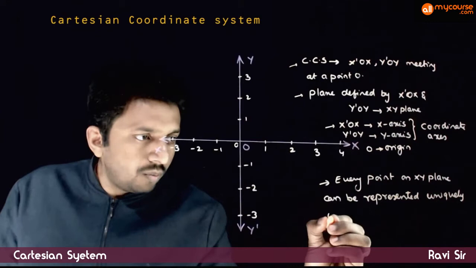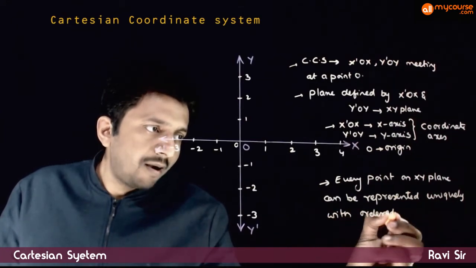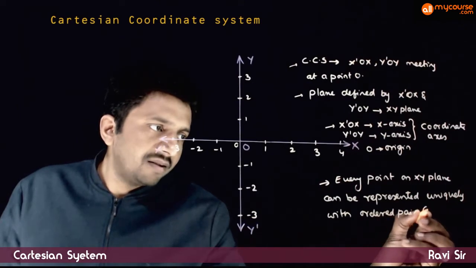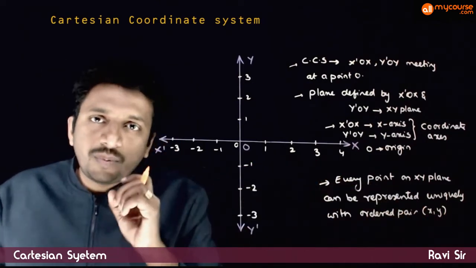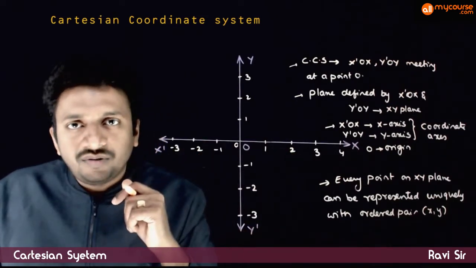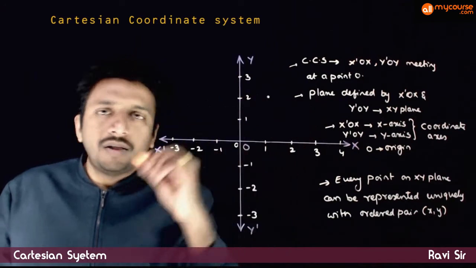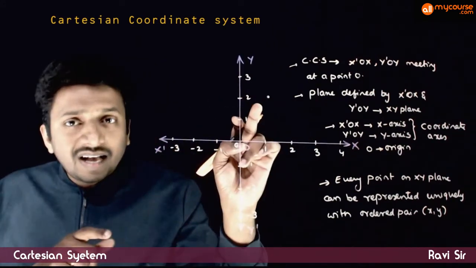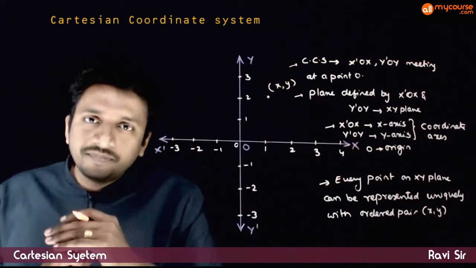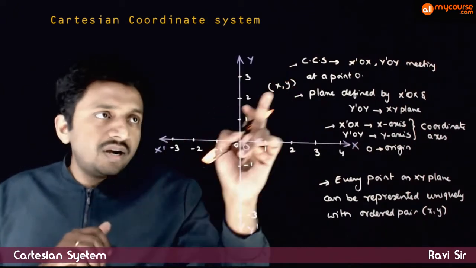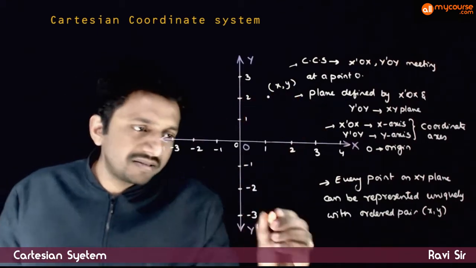The ordered pair is x comma y, where x is called the x coordinate of the point and y is called the y coordinate of the point. That means if you take any point on the xy plane, it corresponds to a unique ordered pair x comma y. These are called the Cartesian coordinates.